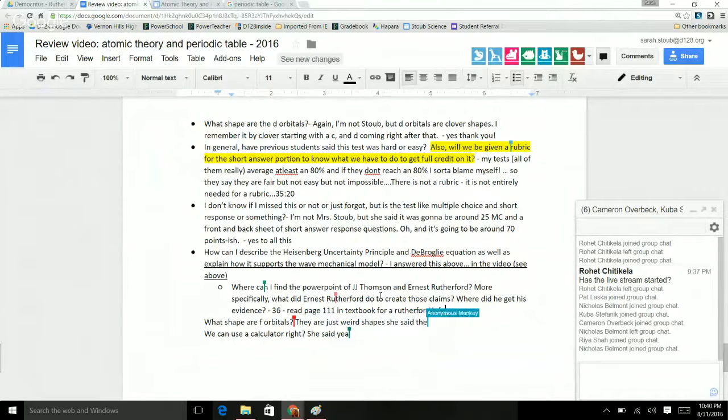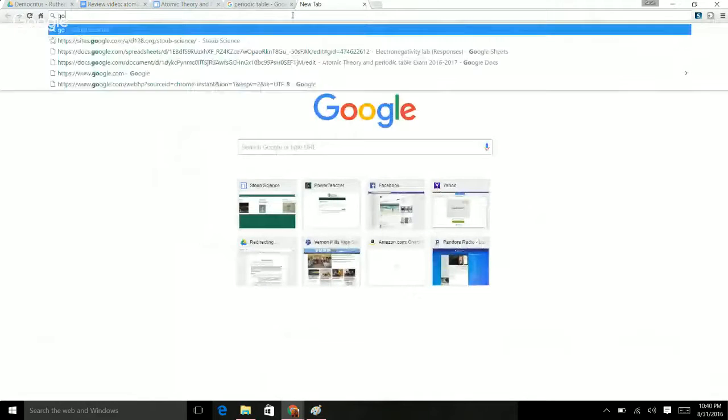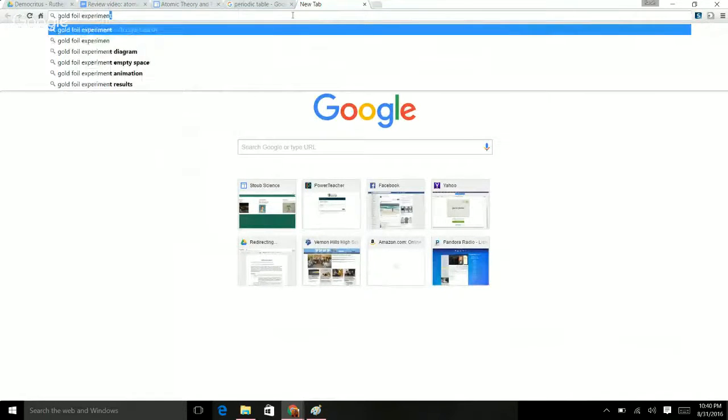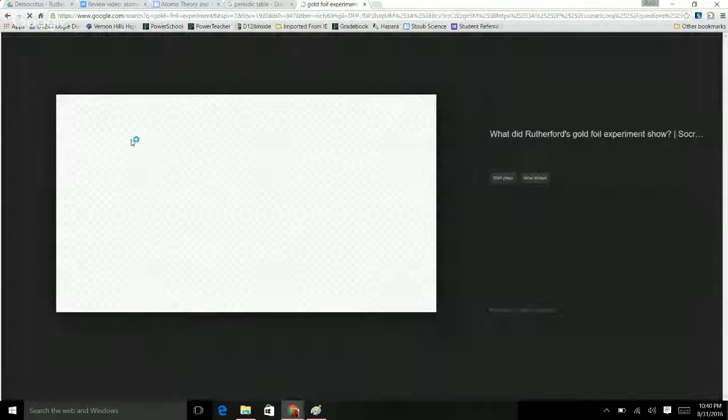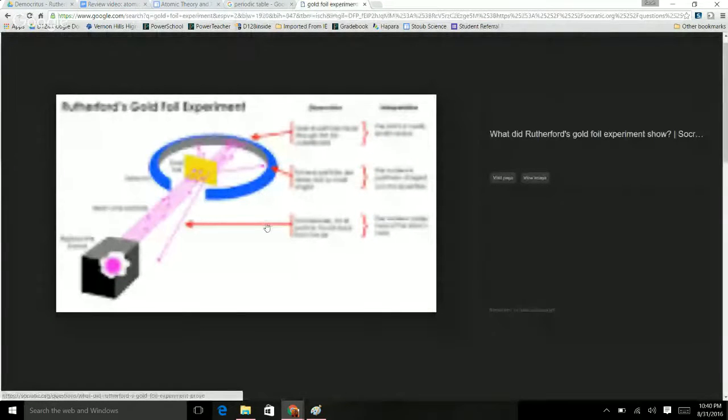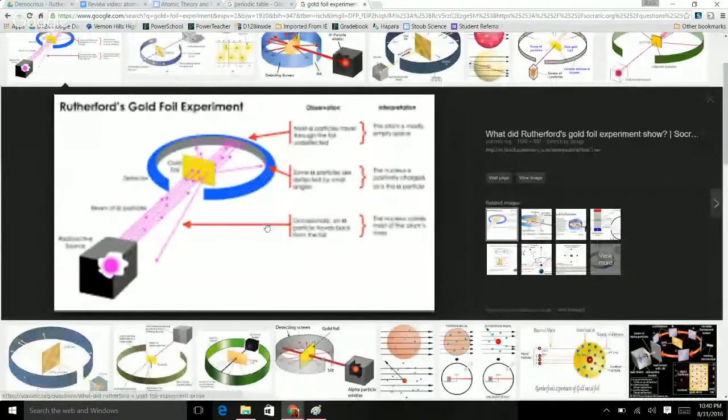What did Rutherford do to create those claims? He did a gold foil experiment. That's what we were seeing in the image here. Oh, look, they even have observation and interpretation, which is my version of evidence and claim. How about that?